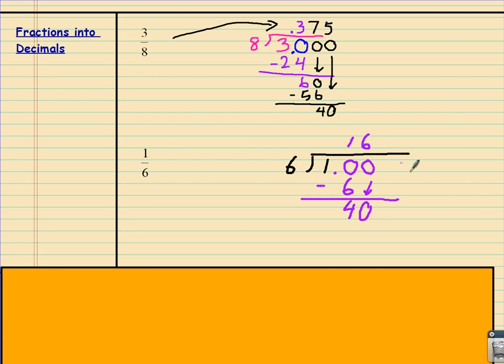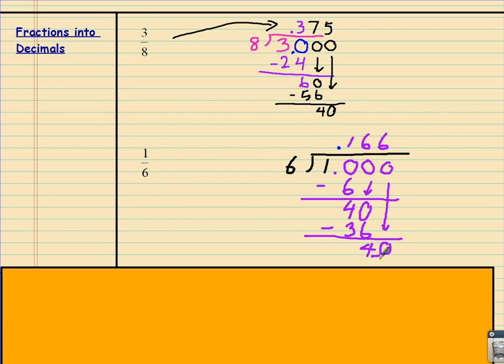6 times. Now, one thing I forgot was to bring the decimal point straight up. Please don't forget that. And now back to the problem. 6 times 6 is 36. 40 minus 36 is 4. And we bring down another 0. We're left with 40 again. Now what happens? As we notice that there's 40 here, if we keep doing this, 6 goes into 40 6 times.